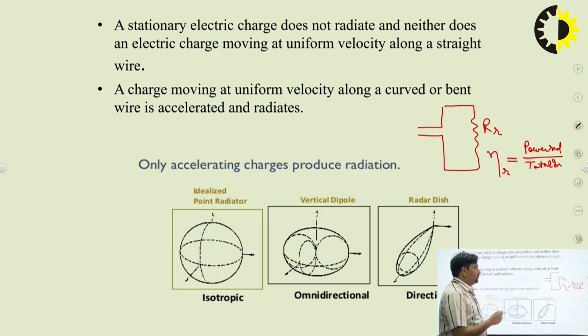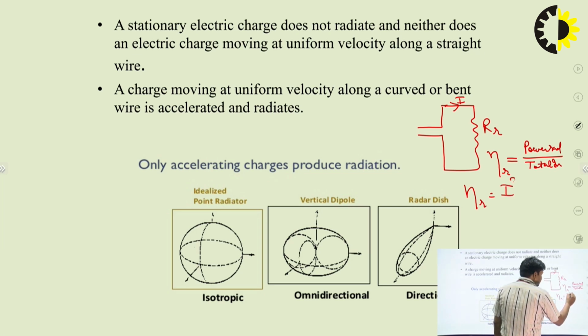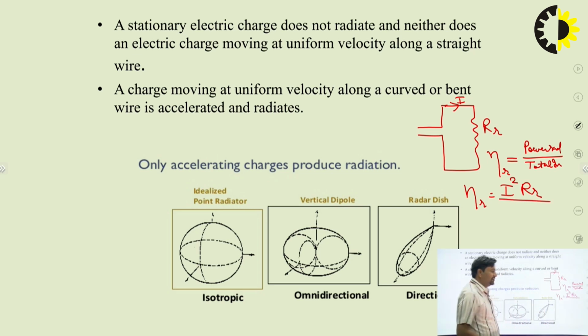Because the radiation resistance is fed in series with that particular antenna, a current I flows in that circuit. So how much power is radiated? If the radiation resistance is RR, then I square RR is the radiated power. And what is the total power?